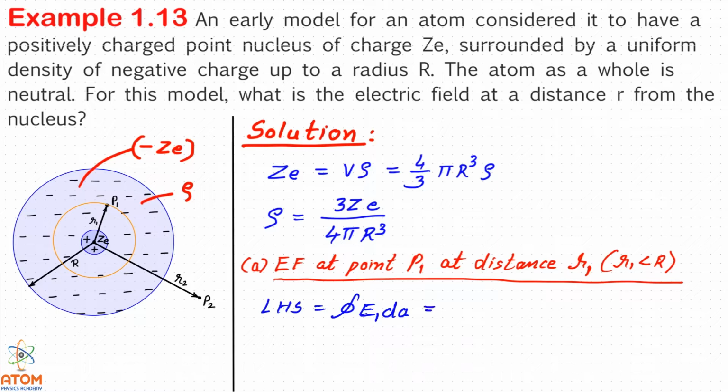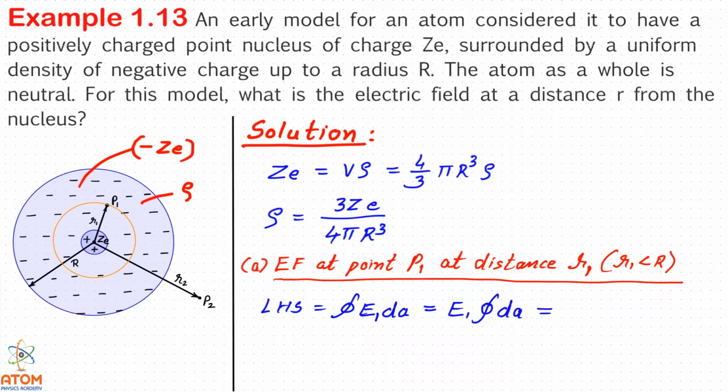So I'll just take the scalar form, closed integration E1 dA, where E1 is the electric field on this whole Gaussian surface. Now because it is concentric, the distance is R1 from the center to any place on this surface. That's why the electric field E1 can be taken as constant. So I can just put it outside of the integration and write closed integration dA.